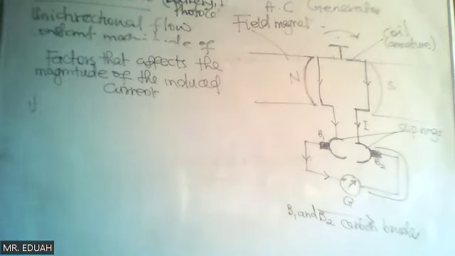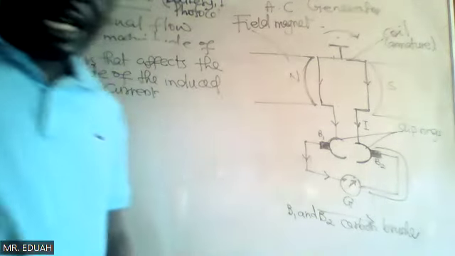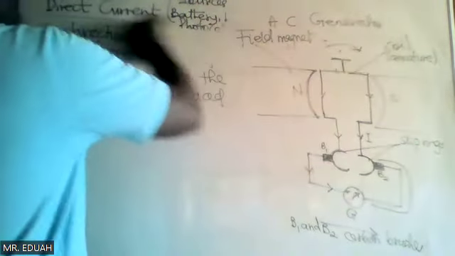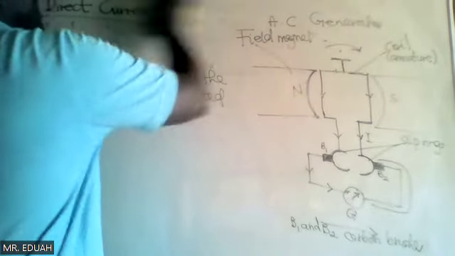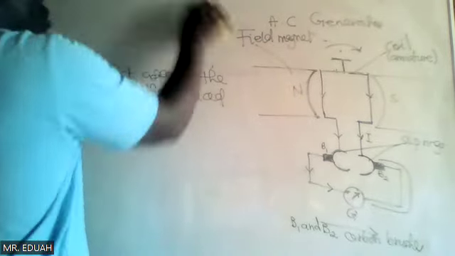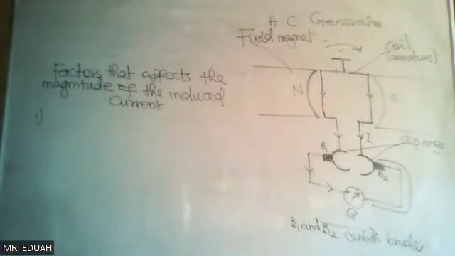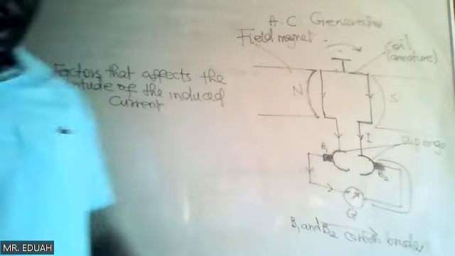As I said earlier, this has to be rotating. If it doesn't rotate, no current will be induced. That is why for continuous current, I said Akosombo, we need something which would always be turning the coil.